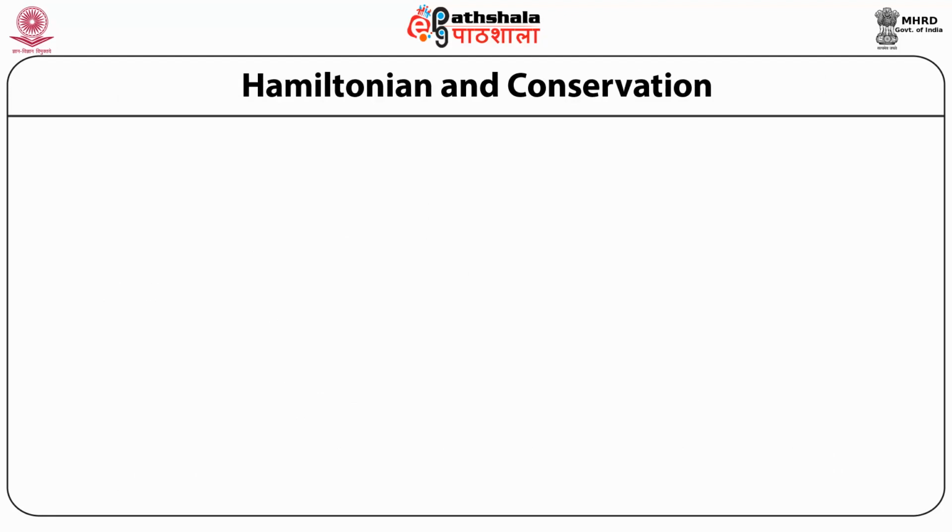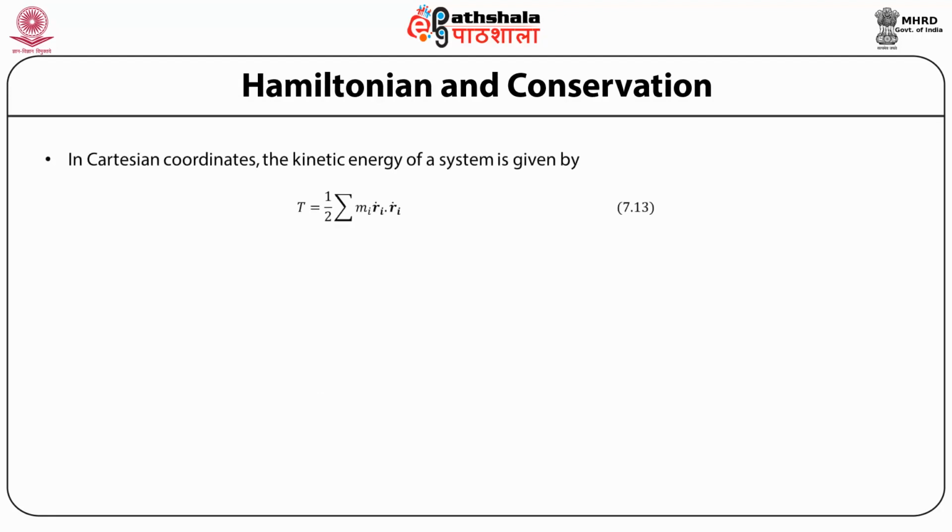How is the Hamiltonian related to the conservation laws? We know that in Cartesian coordinates, the kinetic energy of a system is given by T is equal to half sum over i of m_i into v_i squared.